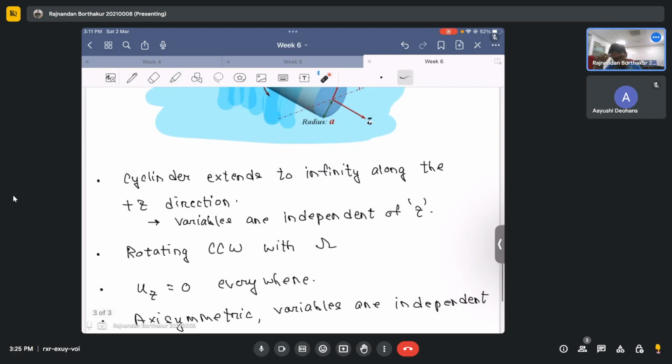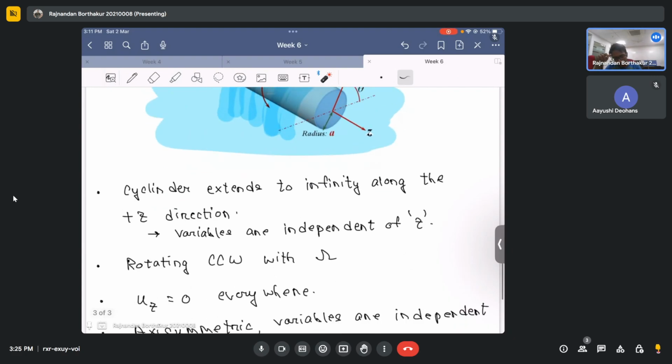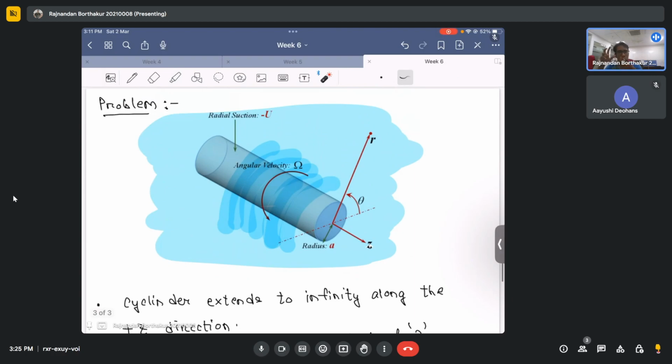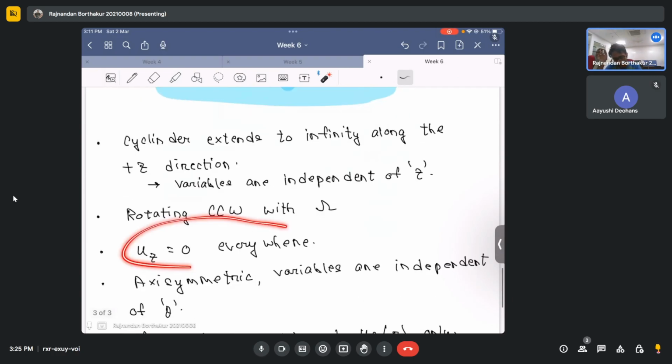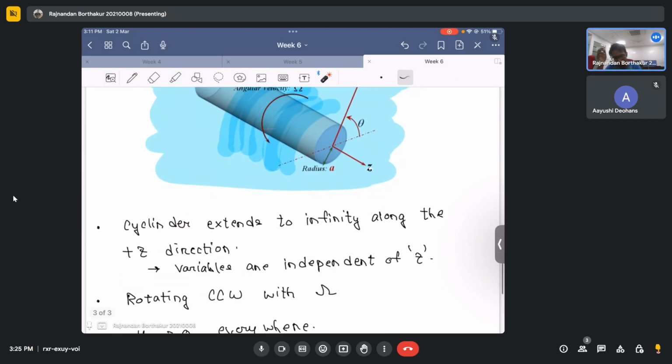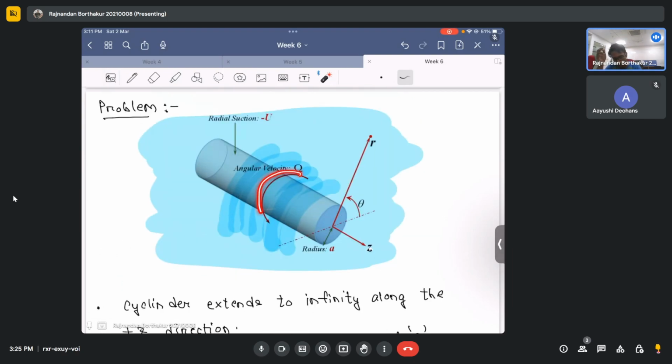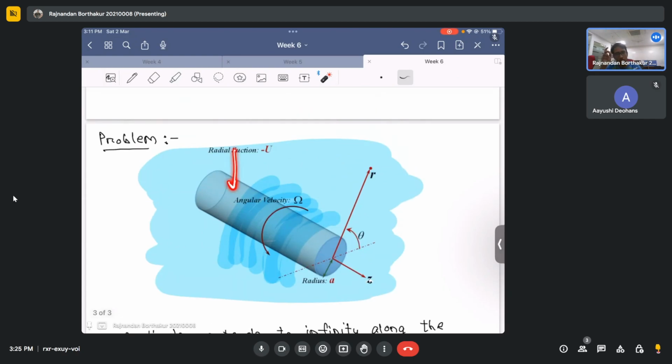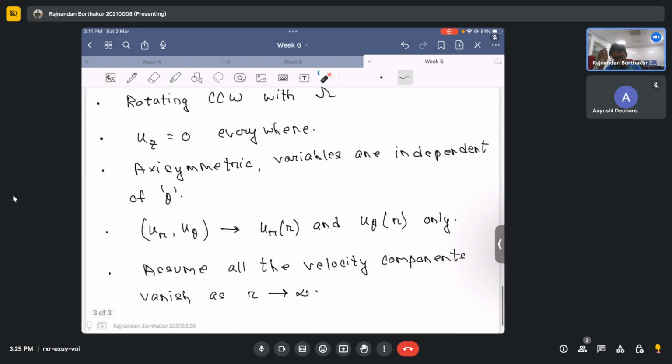Since the variables are independent of z, and as you can see, there is no actuating mechanism in the z direction, the z direction velocity field would be zero everywhere. This is also obvious from the problem because the cylinder is just possessing a rotational velocity, which will be in the theta direction, plus a radial suction, which will of course be in the r direction because the suction is taking place radially. So there won't be any velocity field in the z direction, and that's why u_z would be equal to 0.